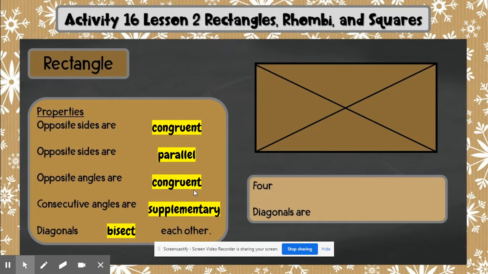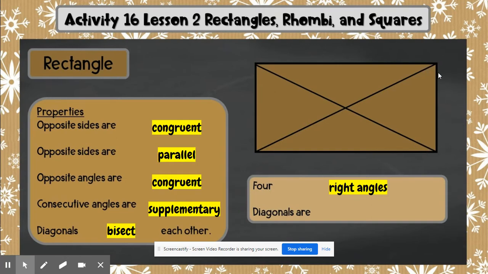So those are the same properties as a parallelogram, but a rectangle has two more properties added to it. So here is what makes it a rectangle and not just a parallelogram. The first one is there are four right angles. So at each vertex, where this angle is created, these are 90 degrees. Each of them are right angles.